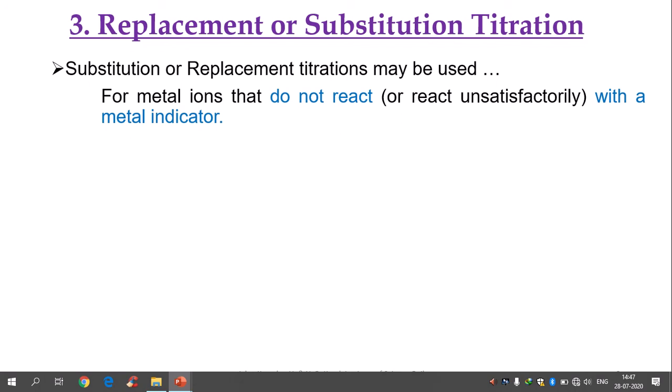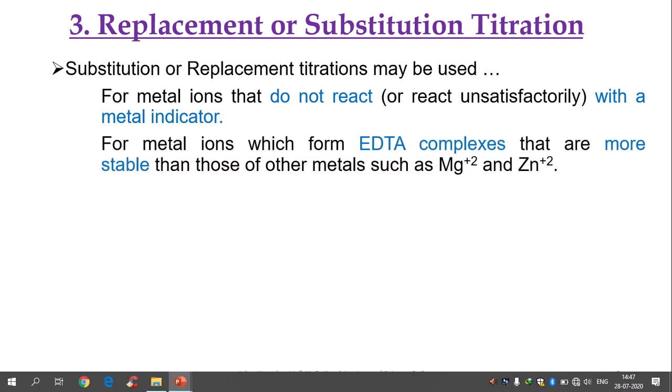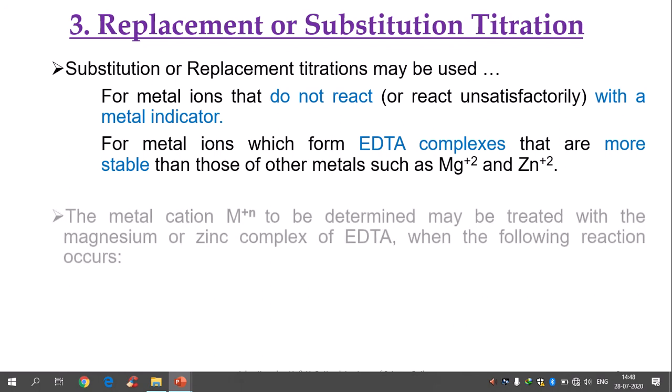Or else for the metal ions which form EDTA complexes that are more stable than those of the metal ions such as magnesium and zinc. So those metal ions which do not give the sharp color change at the end point are to be replaced by other metal ions, and after that it is titrated.